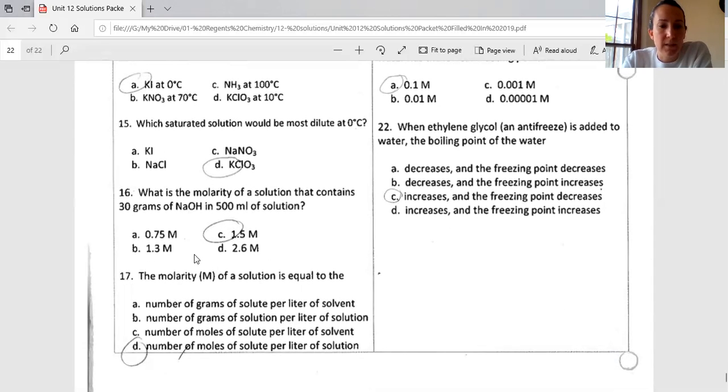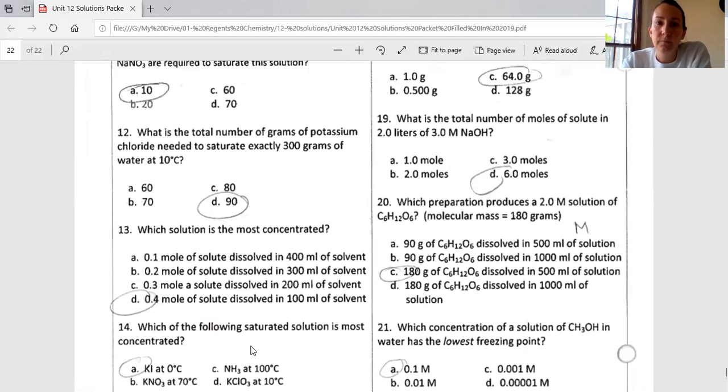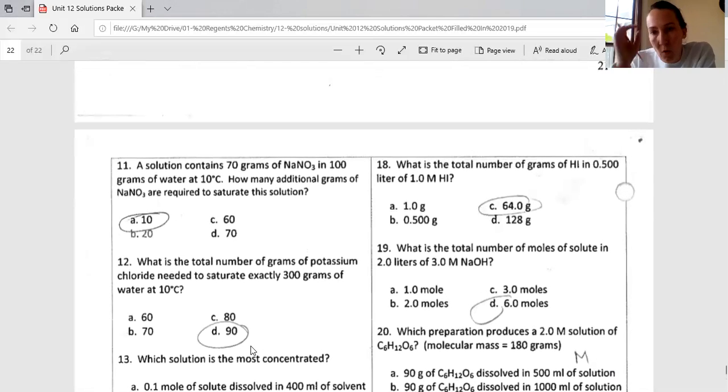Number 17 is the definition of molarity, moles of solute per liter of solution. Number 18 is total grams. This is a 2-step molarity problem as well. So we have 1 molar equals X moles over 0.5 liters.